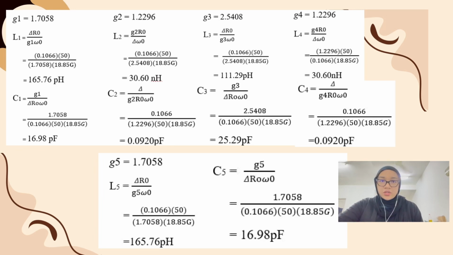And then G5 equals 1.7058, so the answer for L5 is 165.76 picohenry. And finally, the last answer, C5, is 16.98 picofarad.